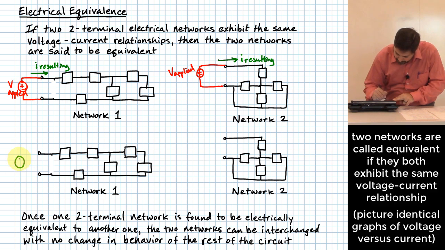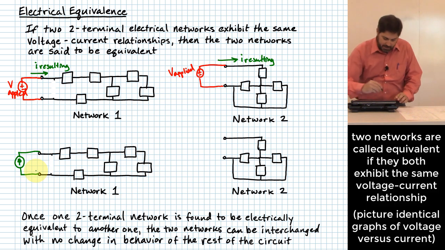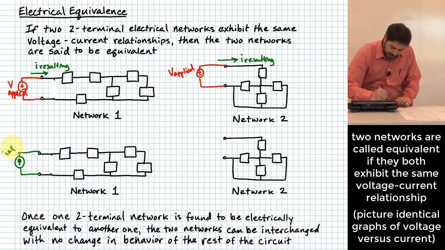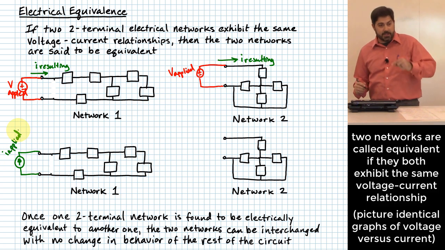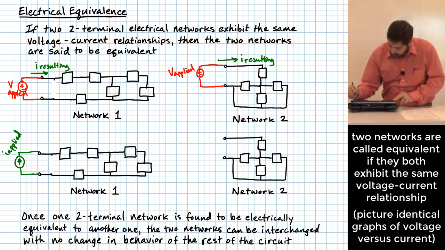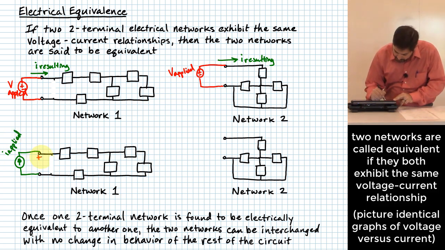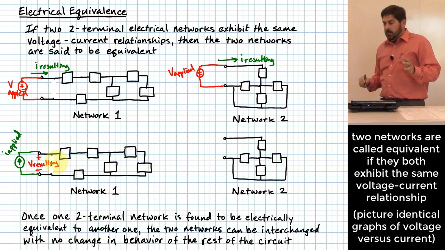Think of a current source, which I could call I applied. As a result of that applied current, we see a voltage across the terminals, which I'll call V resulting.